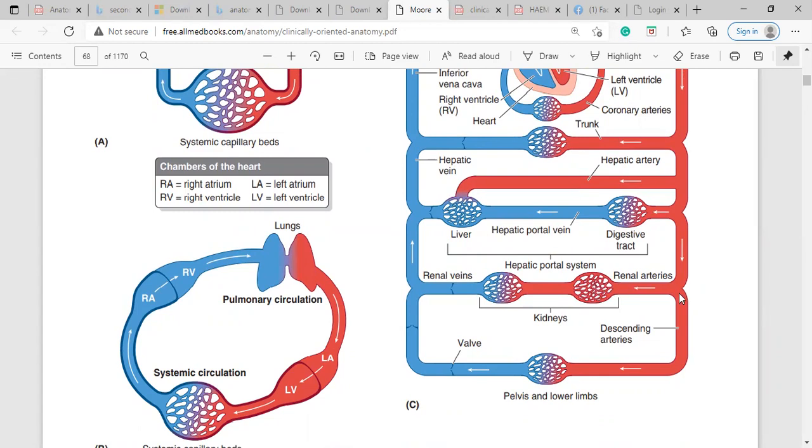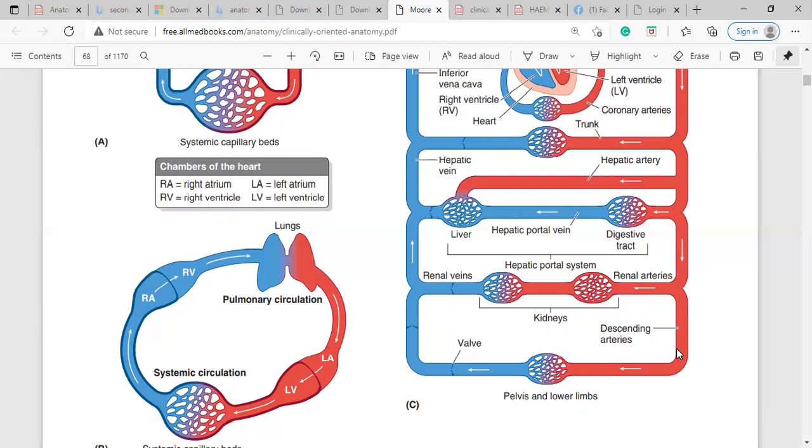Then the lower part of your body, your lower limbs, your hip joints and all your lower limbs receive blood. The descending arteries will later split into what we call the common iliac artery, which will supply blood to your pelvic region and your lower limb.